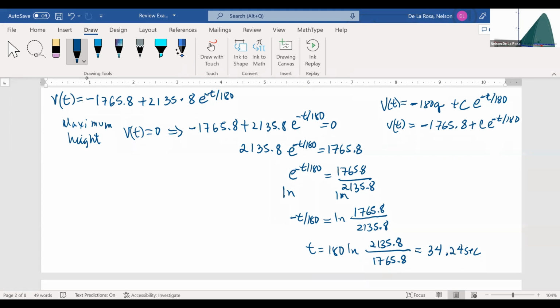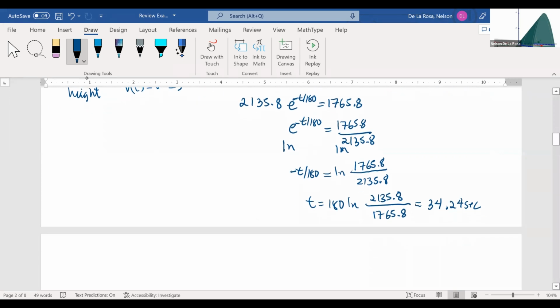Now, to find the maximum height, which is the second part of the problem. How to find the maximum height? Well, we need to find an expression for the distance and then replace the value of the time we found in that expression.